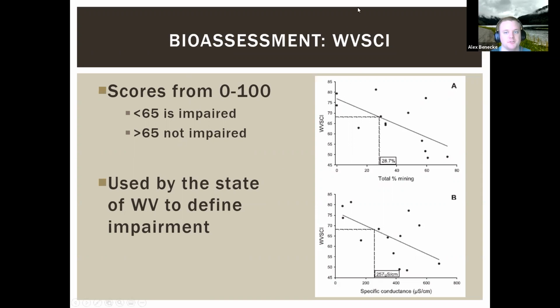So you'll only have one score for each site, and that'll be between 0 and 100. If it's less than 65, it's considered impaired. Greater than 65, it's not impaired. And again, this is just kind of a general rule of thumb. And this is what we use in West Virginia to find an impaired stream.